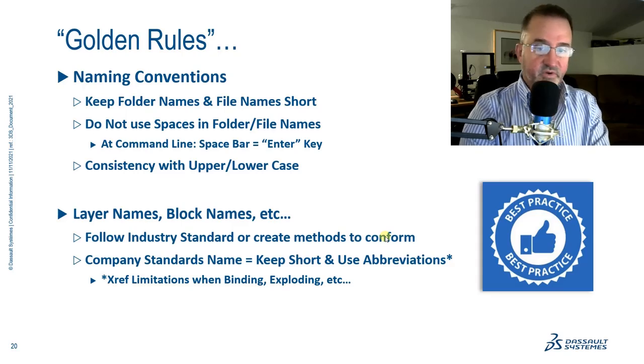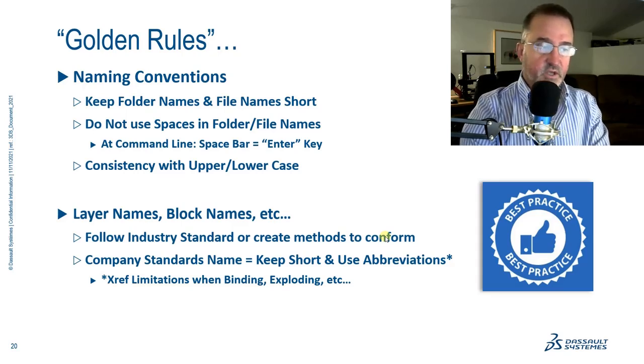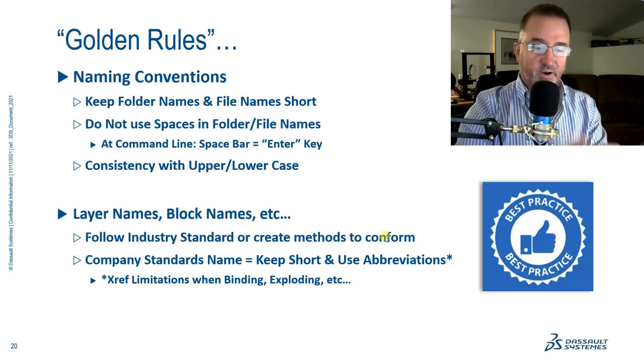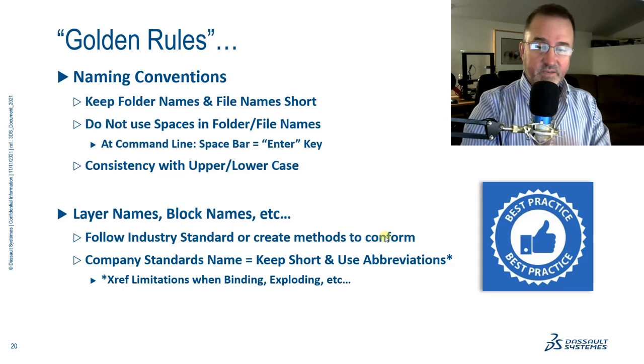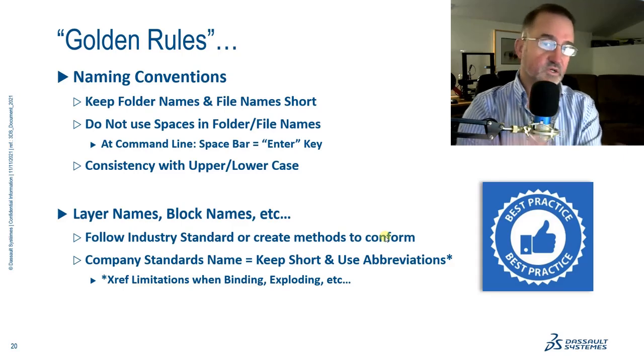Also, it becomes very difficult, especially when you're trying to troubleshoot or fix applications that are developed by somebody else. And I've seen this, where if the program name, the file name, isn't the same as the program or the function name, it becomes very confusing and very hard to figure out where things are going wrong.